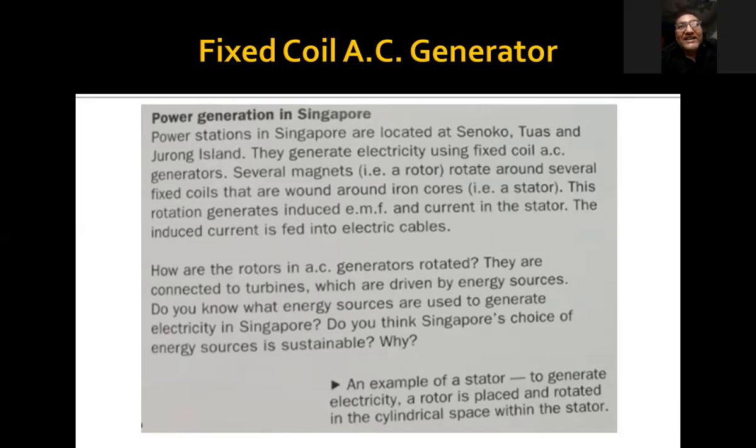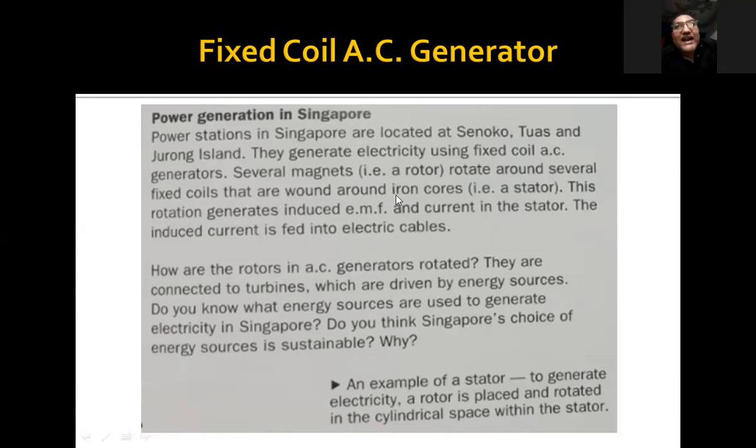How are the rotors in the AC generator rotated? They are connected to turbines, which are driven by energy sources. And for rotating those magnets around, you can either rotate them by your hands, you can rotate them by the wheel of your bicycle, you can rotate them by a petrol engine, or you can rotate them by hydrogen.